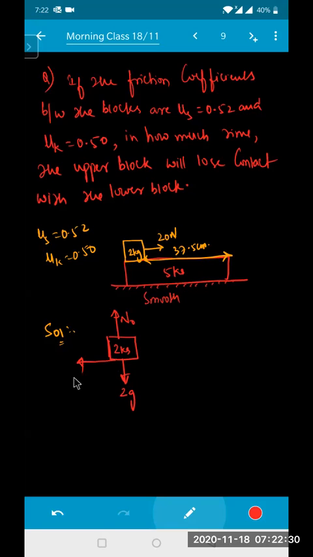This N naught is balancing your 2g. Limiting friction is mu s into N naught, and the applied force is 20 Newton.